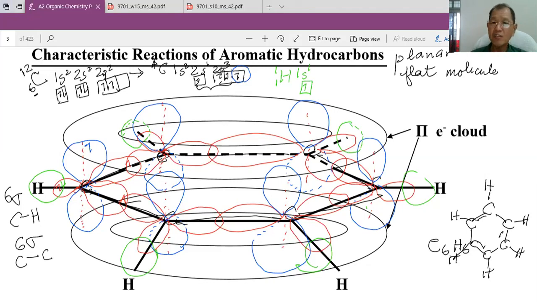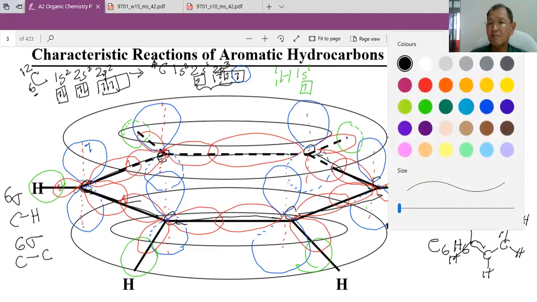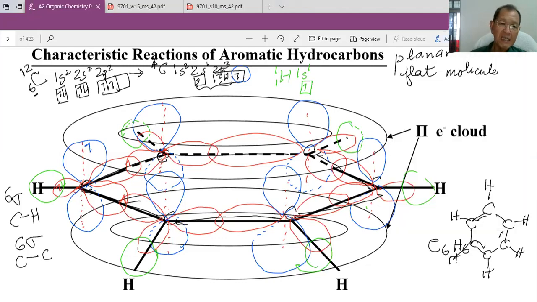Besides that, I'm going to go back to the blue color to show you that here is the electron spin down. Now remember these two p orbitals will overlap, top and bottom overlap.